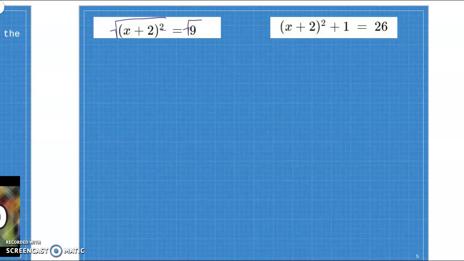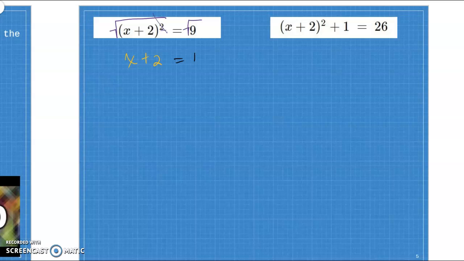The opposite of a square root is a number squared, or the opposite of a number squared is the square root. So what's going to happen is these are going to cancel, and I'm just going to be left with x plus 2 equals whatever the square root of 9 is.